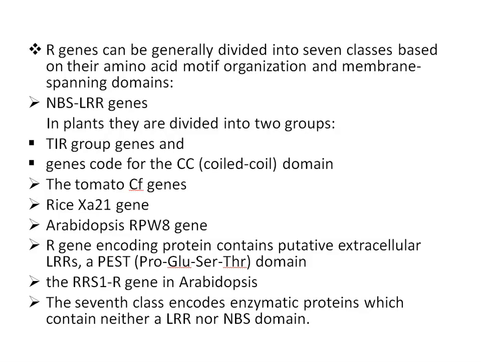The sixth class is represented by the RRS1-R gene in Arabidopsis, which has a C-terminal extension with a putative nuclear localization signal, NLS, and a WRKY domain. The seventh class encodes enzymatic proteins, which contain neither LRR nor NBS domains.